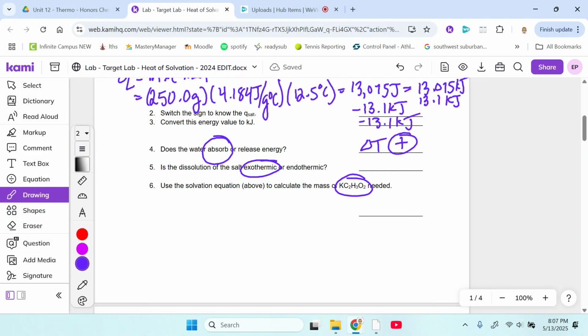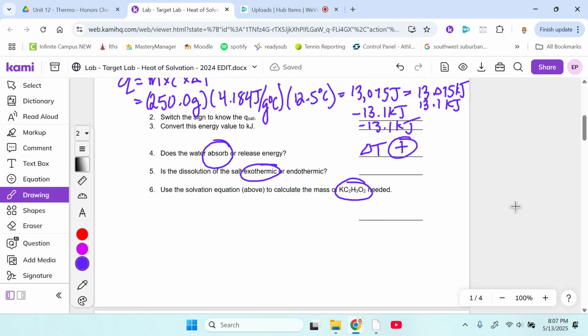We're going to start with the energy that is associated in our problem. So we had negative 13.1 kilojoules of energy. And now we're going to use a conversion that takes energy and relates it to moles for potassium acetate.